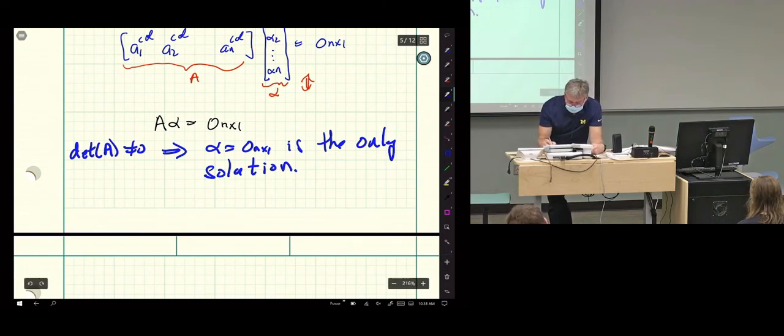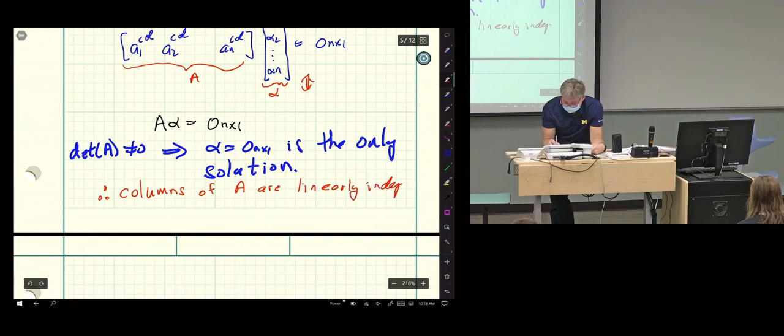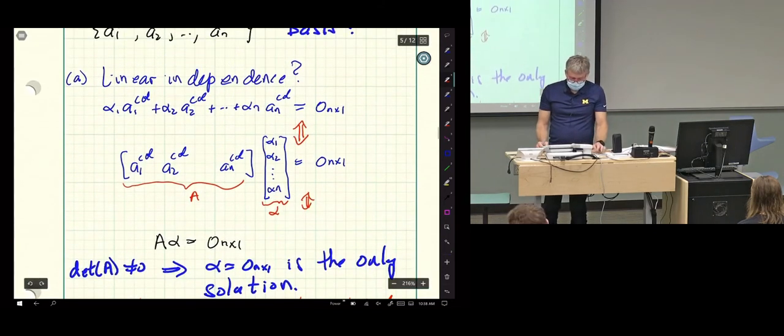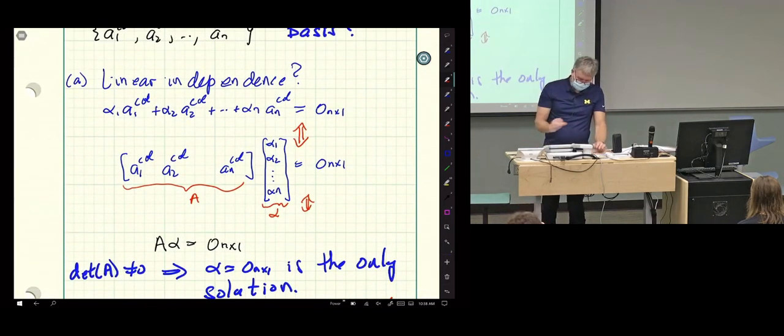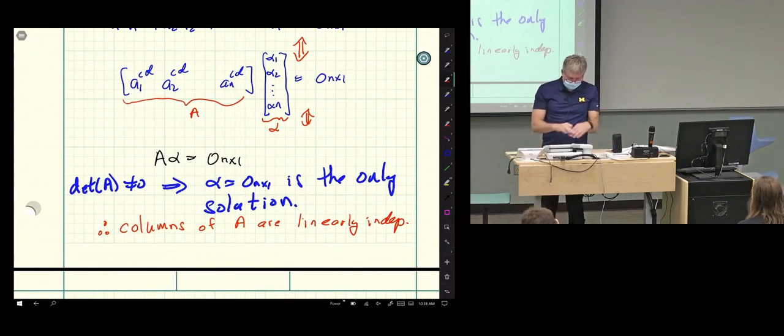Conclusion: the columns of A are linearly independent. Vectors are linearly independent if the only way you get the zero vector when you add them up with a linear combination is with the trivial coefficients, all of them being 0. And that's what we just showed. A alpha has a unique solution, and alpha equals 0 is one solution, so that's it.